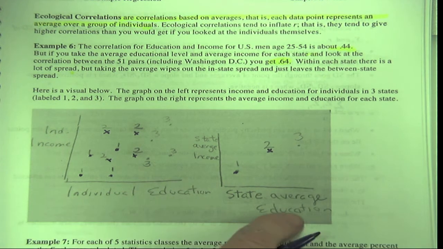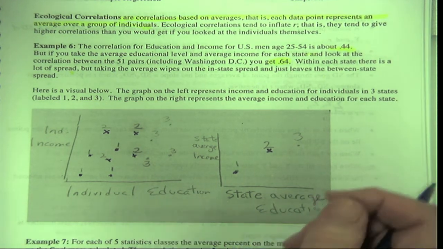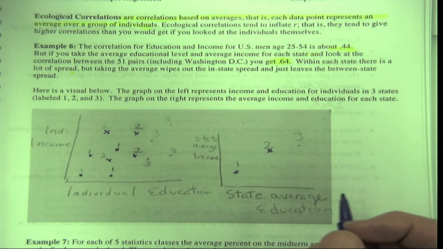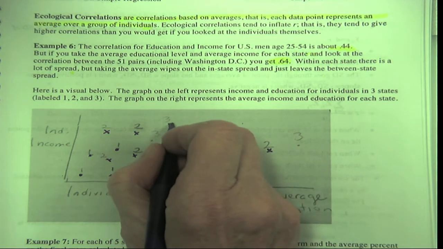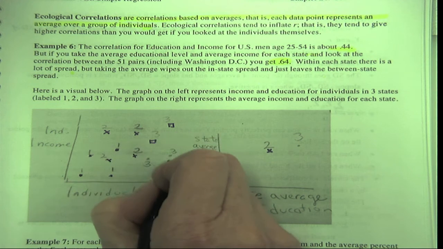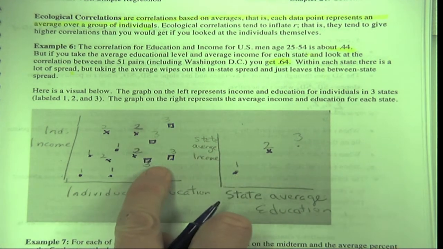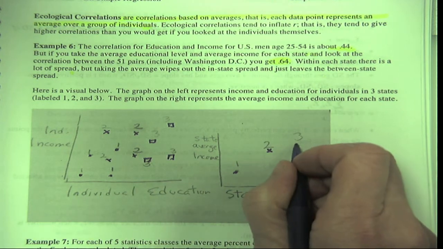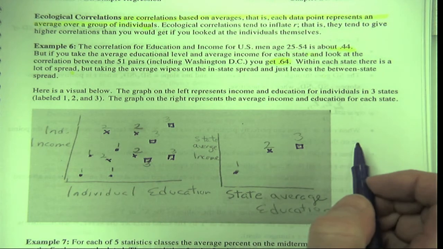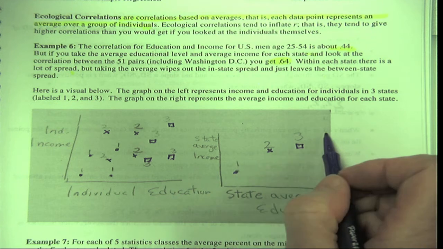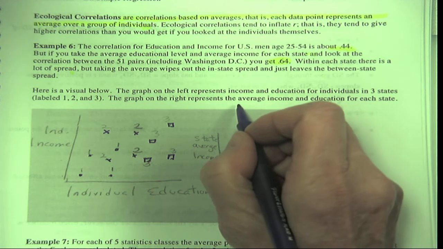This is just to give you the idea. And now let's do state 3. There's a lot of spread in state 3, but you're changing it to just 1 point. Now, do you see how this right here has a stronger R?